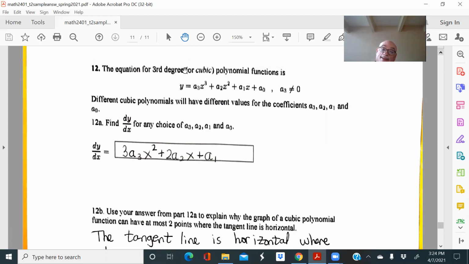So that means that the graphs of cubic polynomials cannot be that complicated, because they can only have 2 turning points. They can't have lots of wiggles in them. If you had lots of wiggles in your graph, it would have lots of turning points, but that's not possible for cubic polynomials.